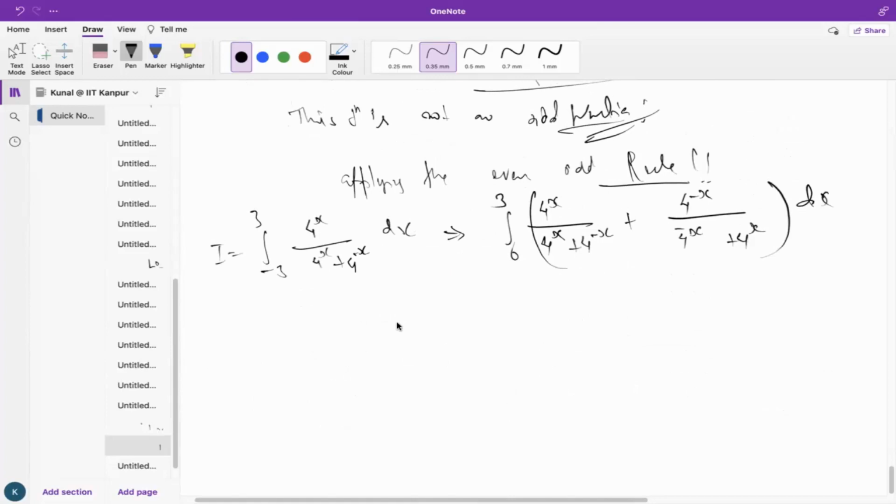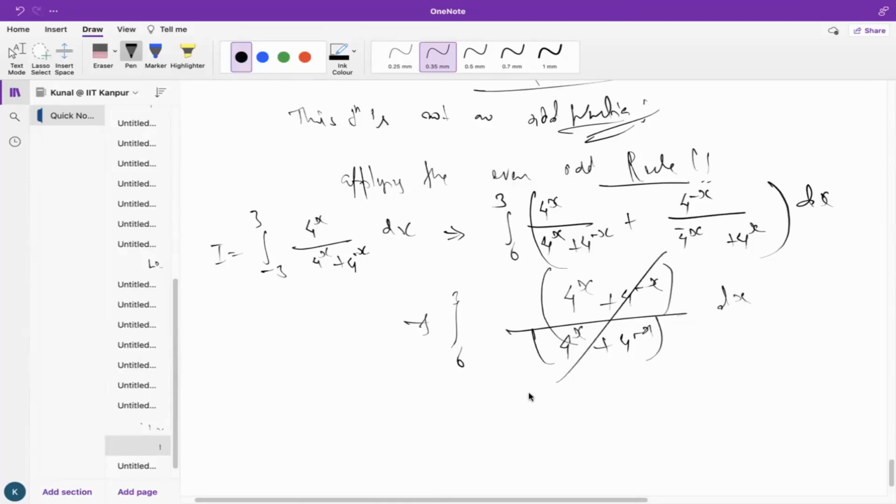You have to do nothing, just take the LCM. I think it will be an easy way. So in the denominator we also get the same function, and both get cancelled. So we get the integral of dx.